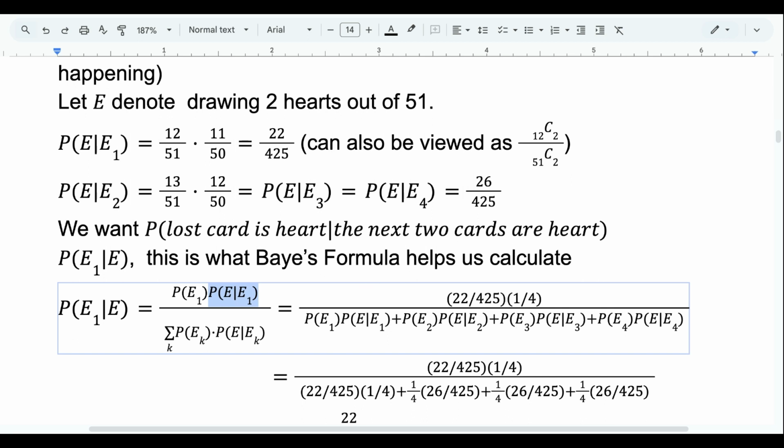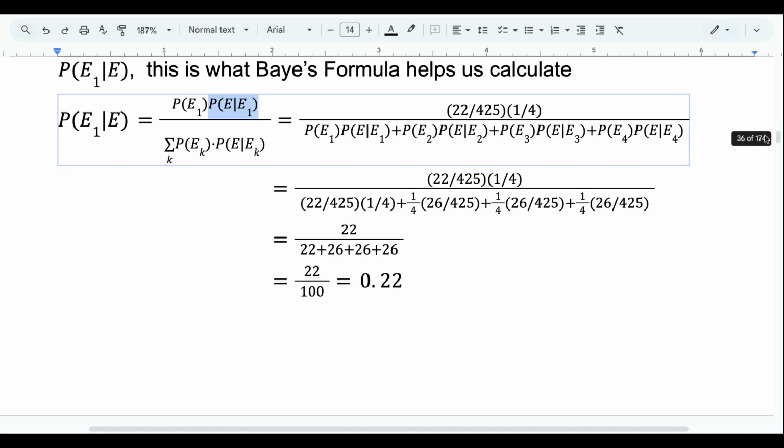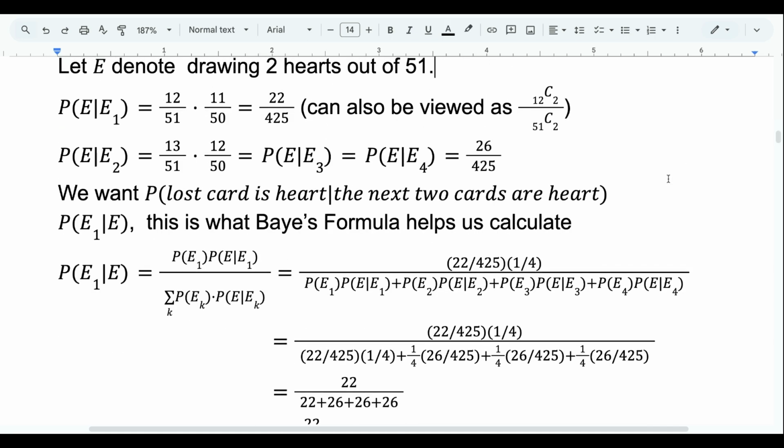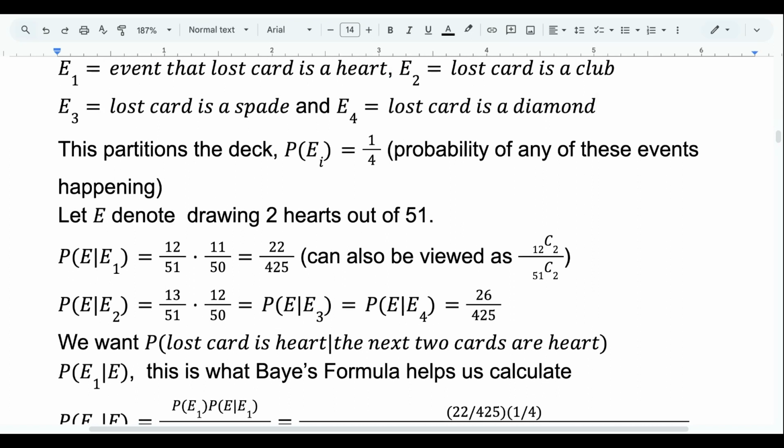The probability of E given E1 is 22 out of 425. The probability of E1, sorry, let's go back here. E1 was losing a heart, which is 1/4.